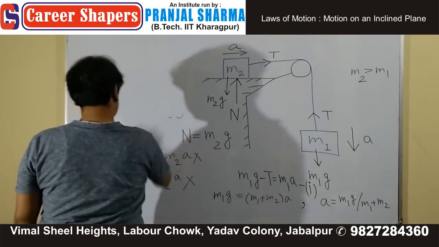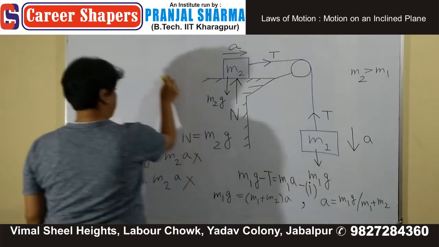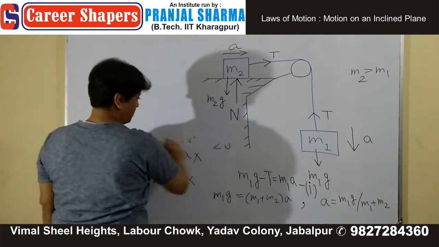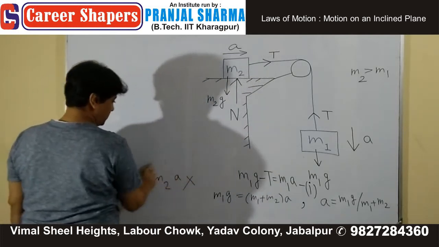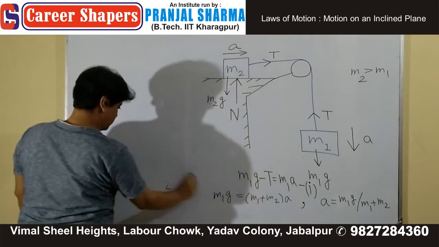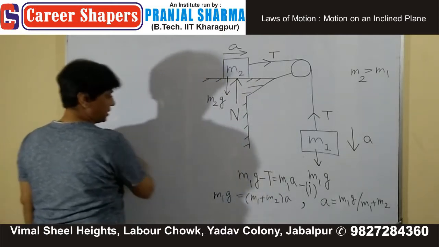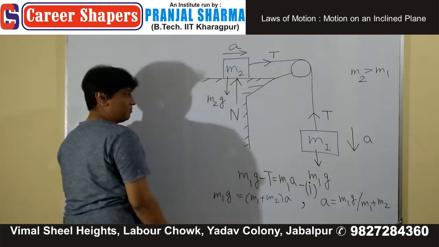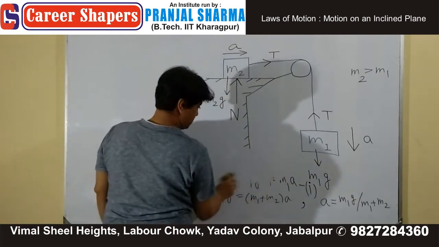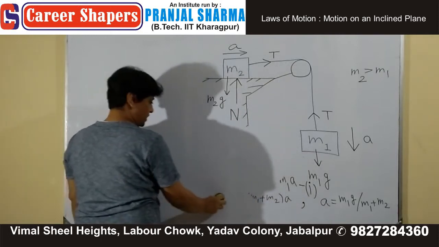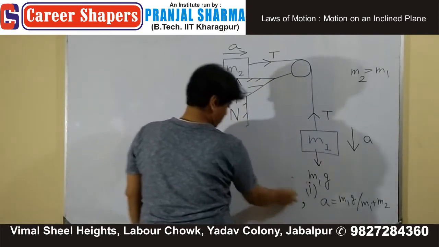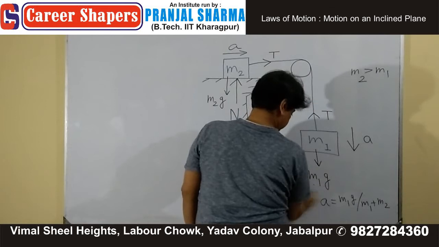The second hint is: draw the free body diagram of the pulley and show all the forces which are acting on it coming from the rope. And you will understand what I am trying to say.